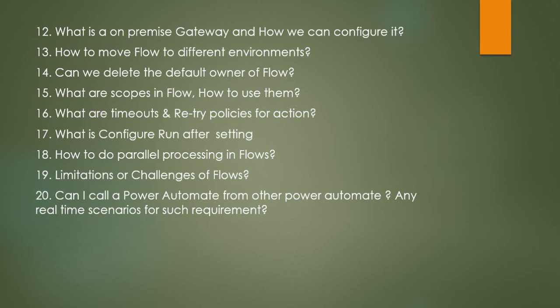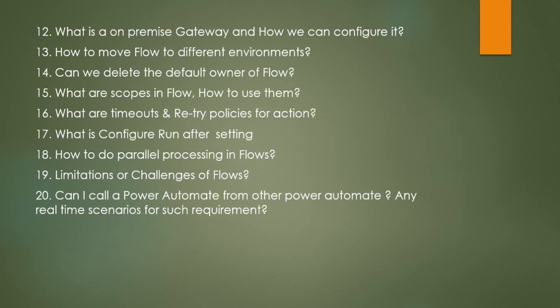But what if you want to create the parallel branch at runtime? For that you would use the apply to each loop, which loops through all the items and does a bunch of actions within the apply to each. If you go to the settings of that apply to each, you will see a setting for concurrency, and there you can specify the concurrency level.